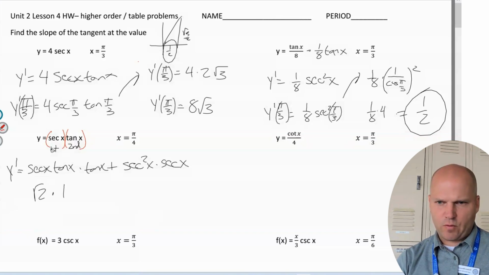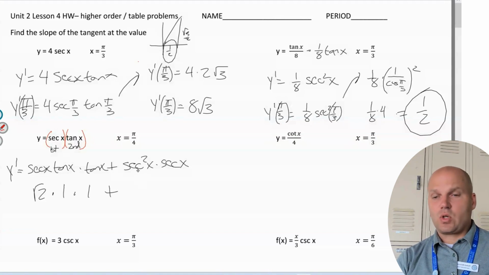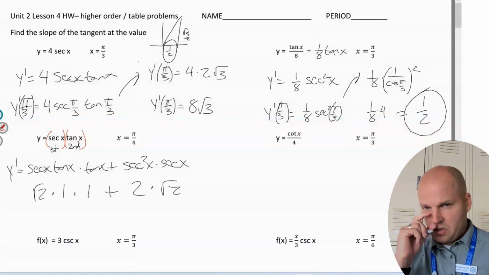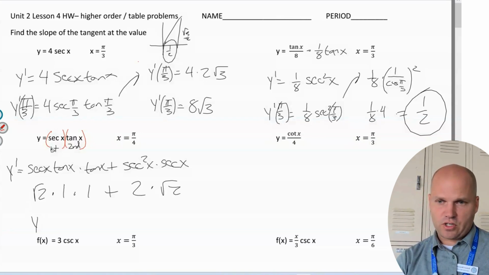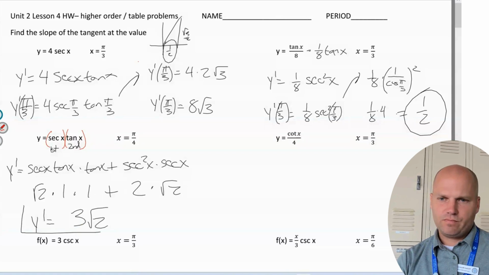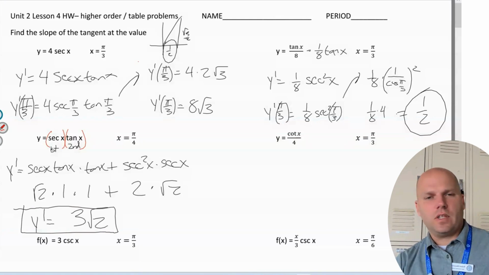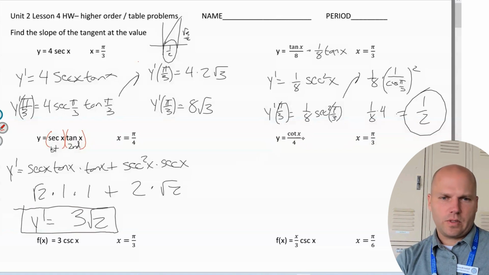The tangent of pi over 4 is 1. Secant squared, that'd be root 2 squared, which is 2, times root 2. So this is a great question. I got root 2 plus 2 root 2's. I have 3 root 2's. So getting the slope equation, then knowing what to do with it.